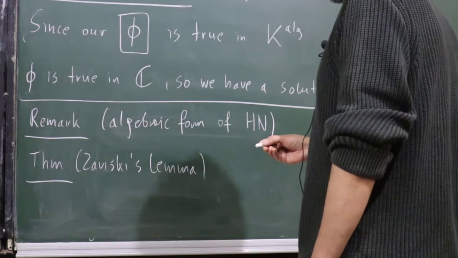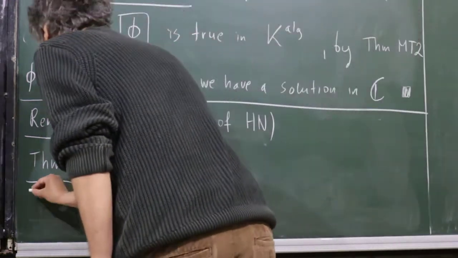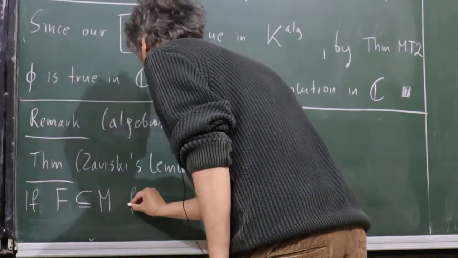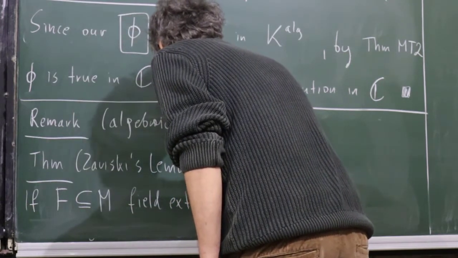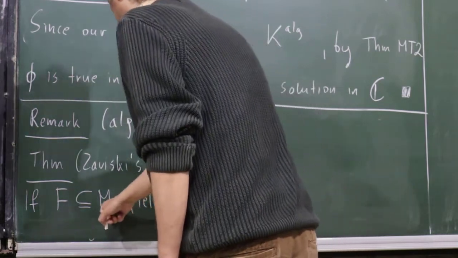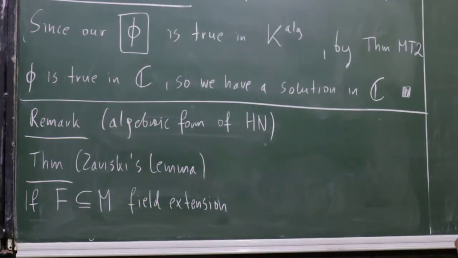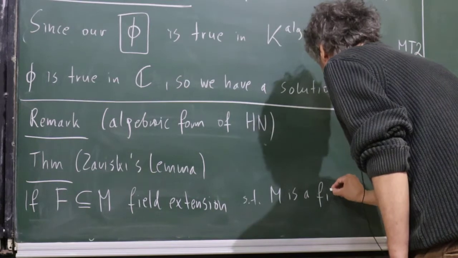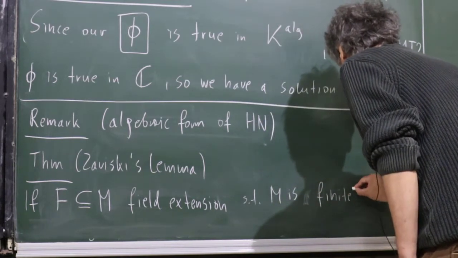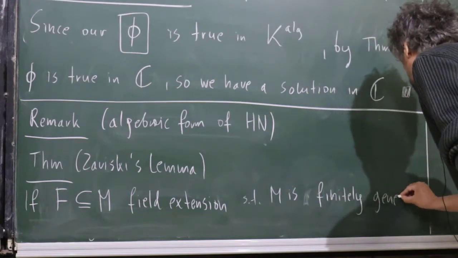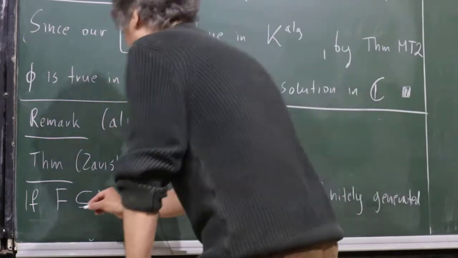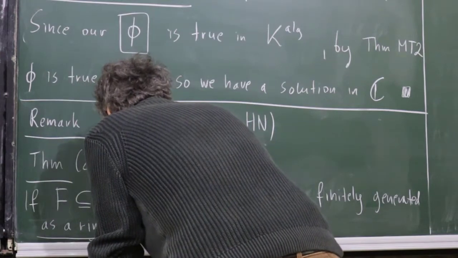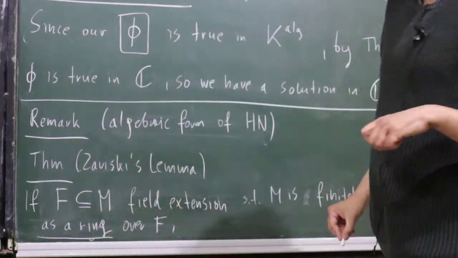On the algebraic side, it says that if F is contained in M is a field extension such that M is finitely generated as a ring over F, not only as a field, but as a ring, then that is actually an algebraic extension.